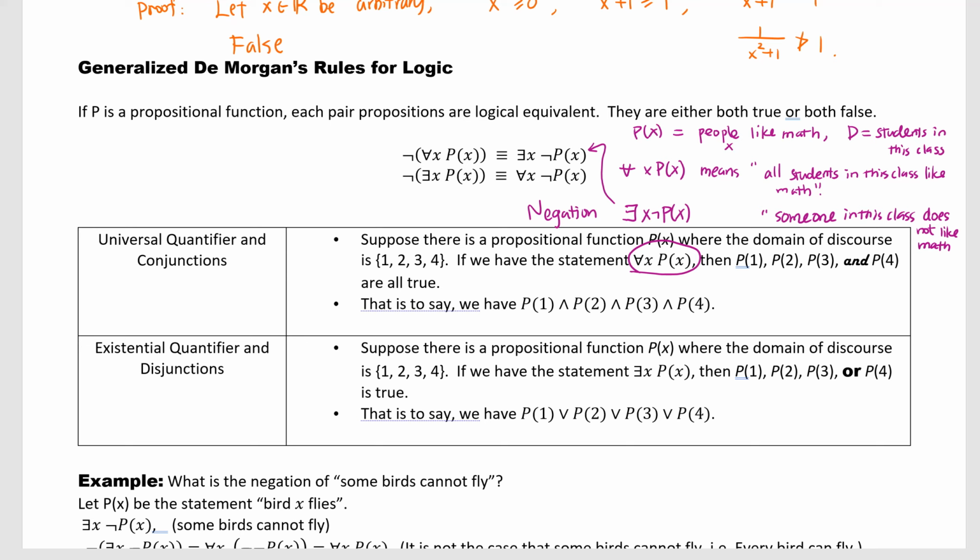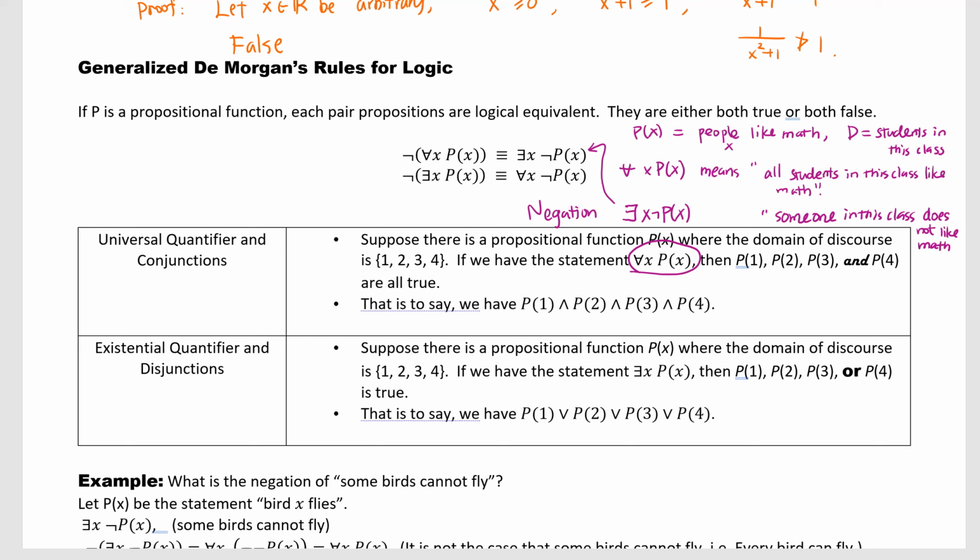How about existential quantifiers? Suppose there is a propositional function P of x, where the domain of discourse is 1, 2, 3, 4. If we have the statement there is x, P of x, then some number in 1, 2, 3, 4 makes it true.